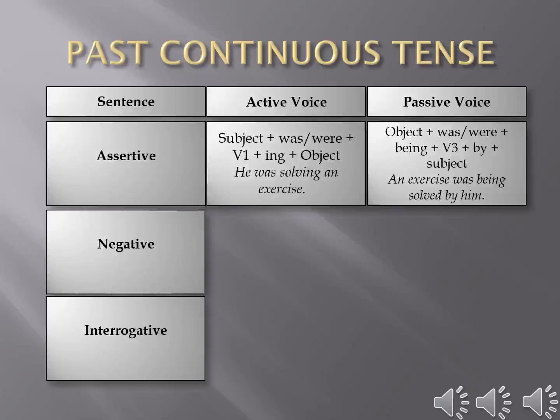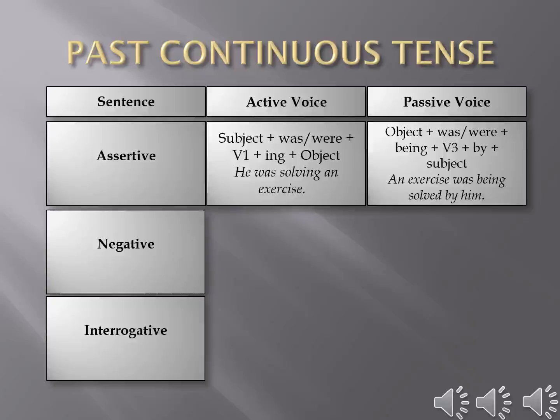The helping verb, that is was or were, will remain the same in the passive side, but the first form of verb and ing will be changed into being plus third form of verb. So here we have used the word being that we use in the passive continuous forms in place of ing. We also used this word being in the passive of present continuous in the previous video.